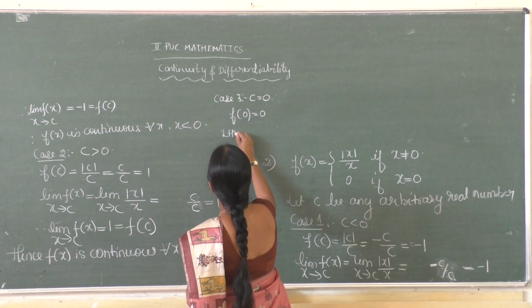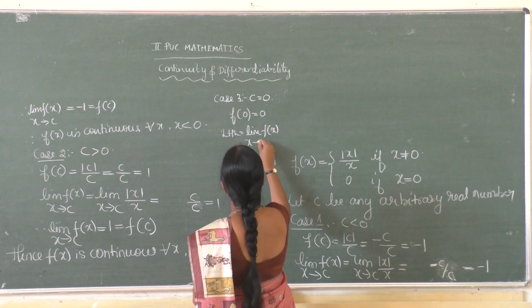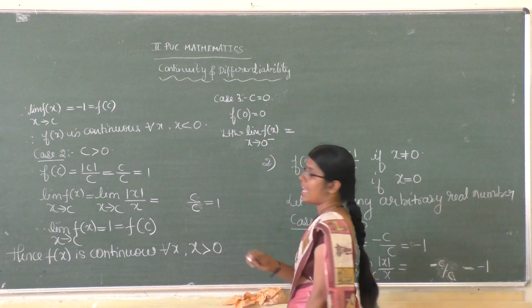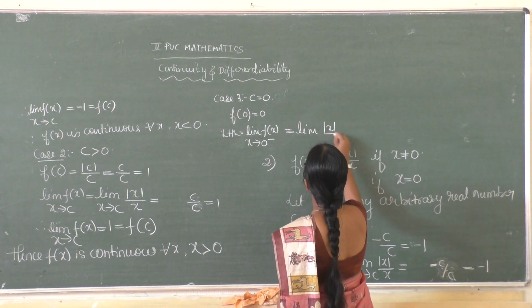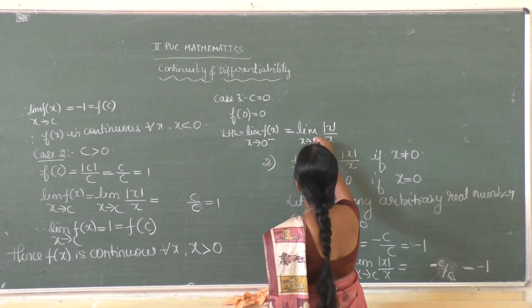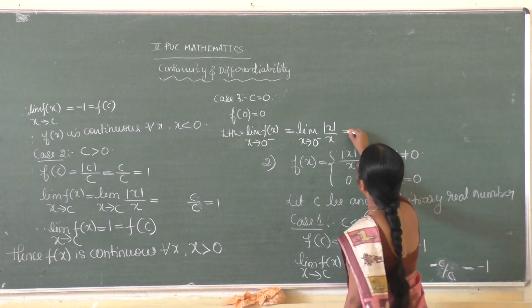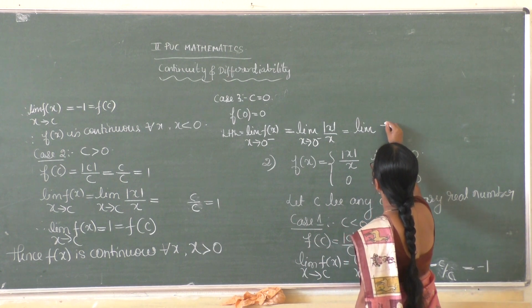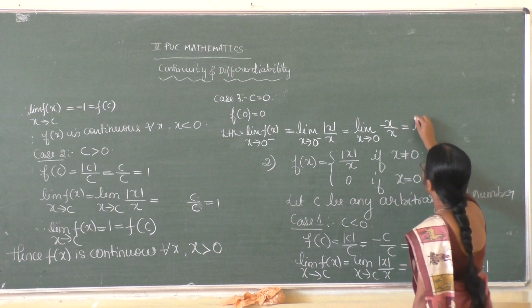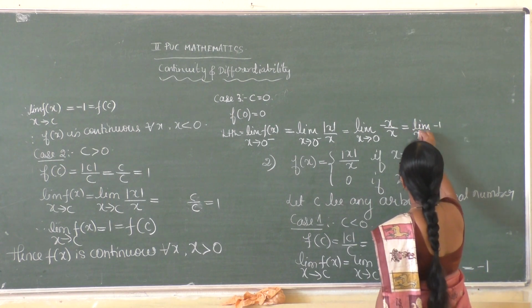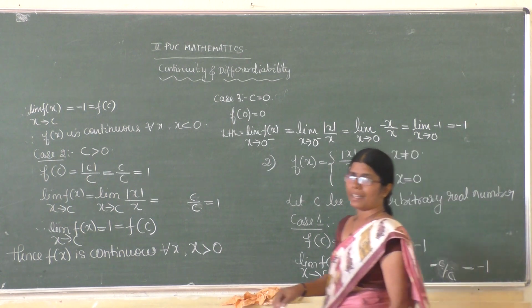Left hand limit equals limit of f of x as x tends to 0 from the left side, which is limit of mod x by x, which equals limit of minus x by x, which is minus 1.